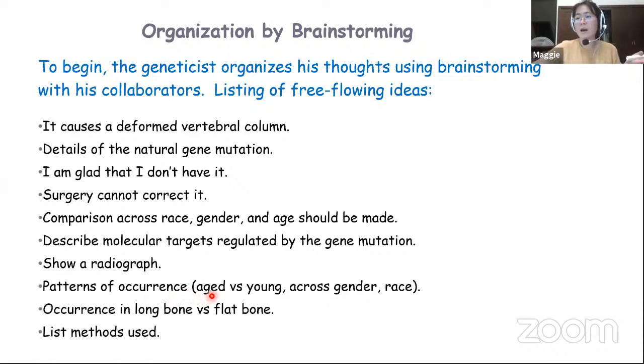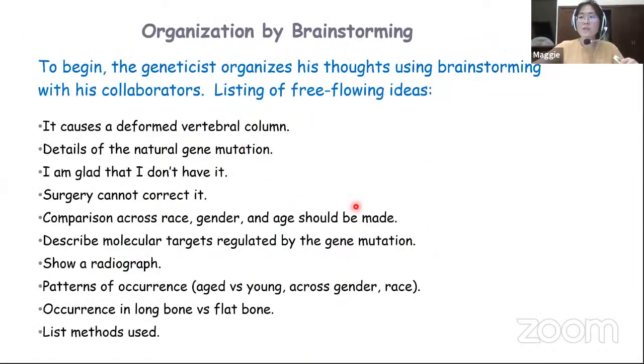Does it prefer to happen in older age or young age? And also gender, race, and occurrence in long bone versus flat bone. Also, he can list all the methods used. So using this brainstorming method, you can write down any idea coming to your mind.